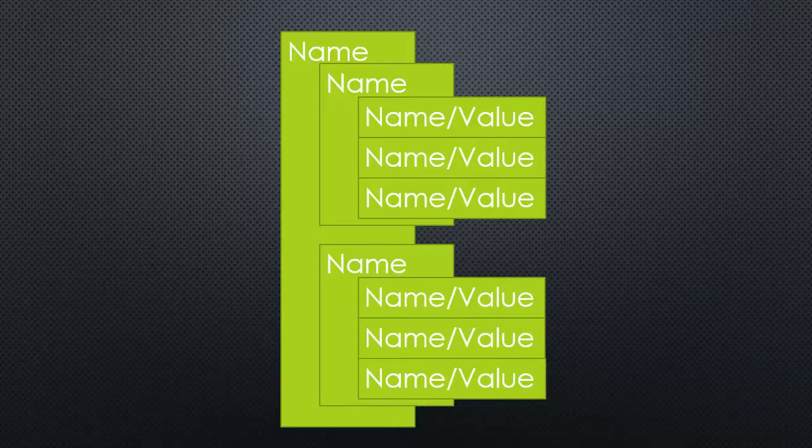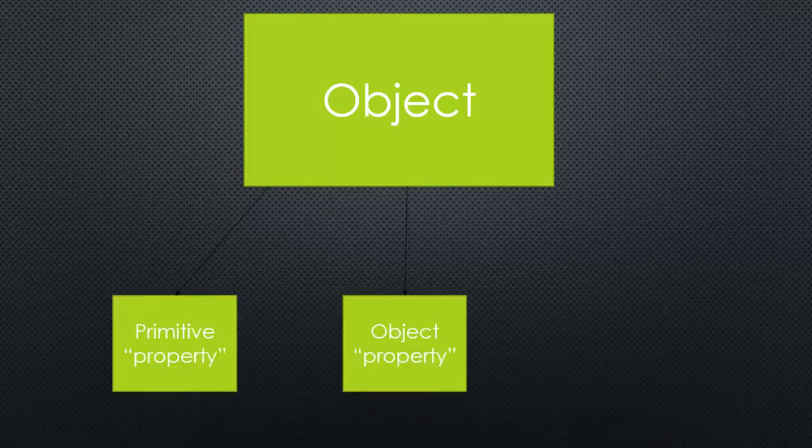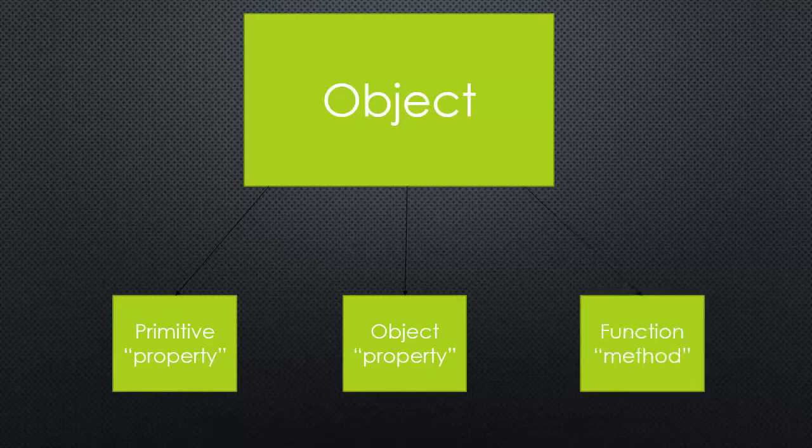So JavaScript objects are names that are connected to values, but the values might be other lists of names and values. Another way to think about it is that an object sits in memory and points at other objects or other values. You might have primitive values like numbers and strings, objects, which are other collections of name-value pairs.